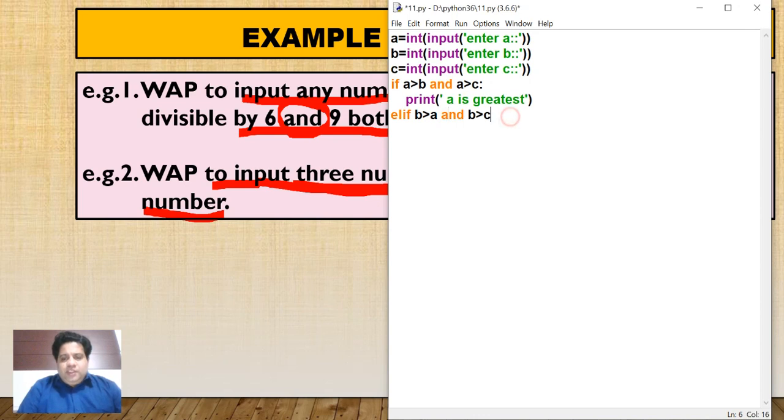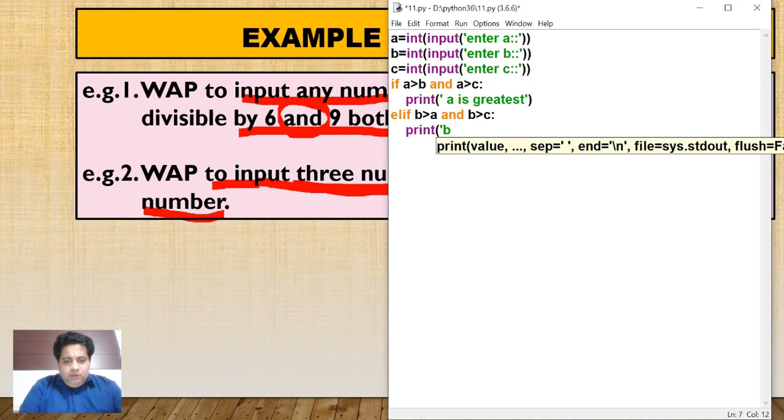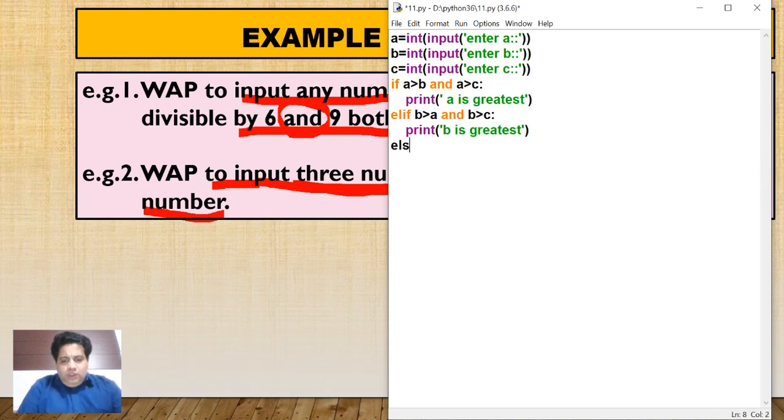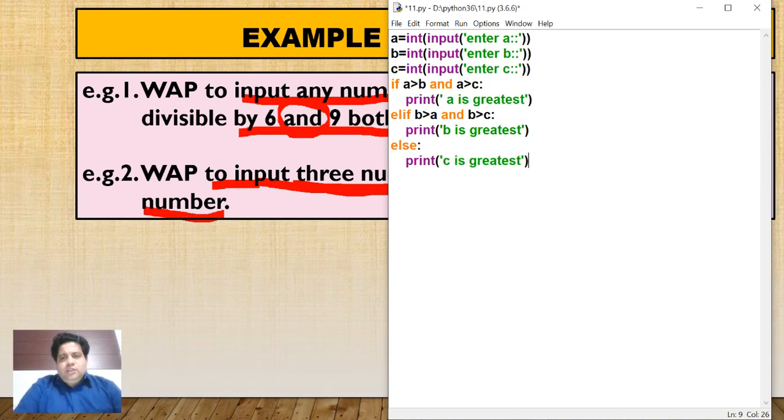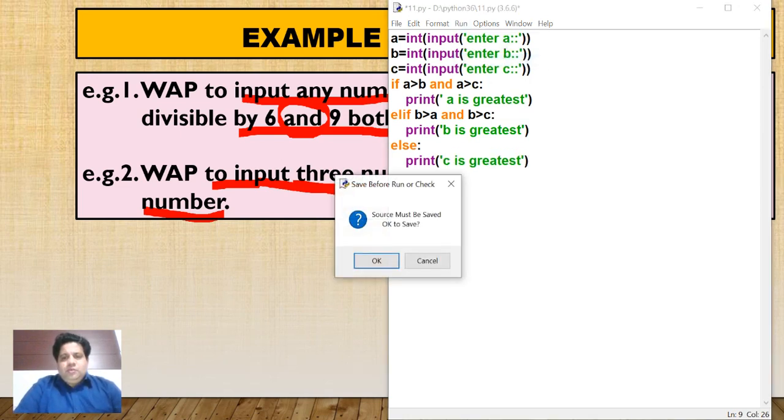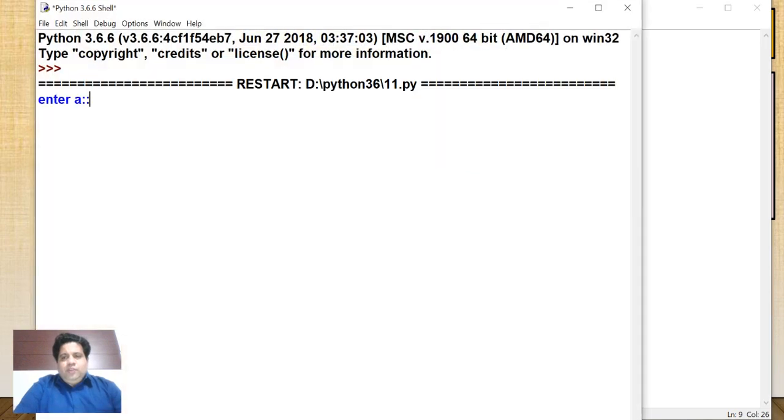Elif B is greater than A and B is greater than C, print B is greatest. And if both the conditions are false, it means else, print C is greatest. Are you getting? Now run this program. This is the program window and this is the output window.